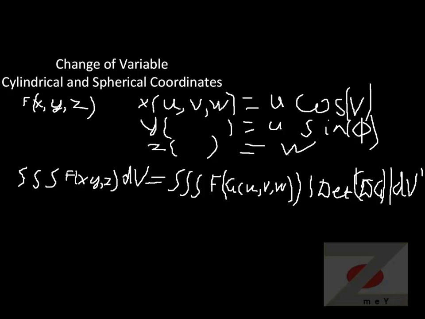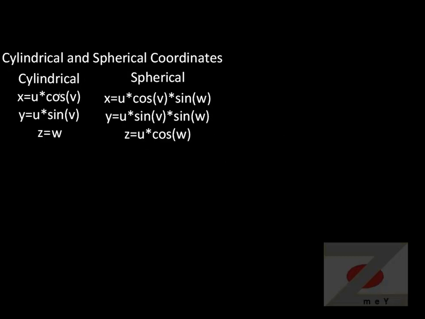So whenever you're trying to take an integral and you transform to cylindrical or spherical coordinates, you take the function, plug in u, v, w for each x, y, z as given by this function, and then you have to multiply by something. And this something is the determinant of the derivative of g. So this is our cylindrical and spherical coordinates in terms of u, v, w.